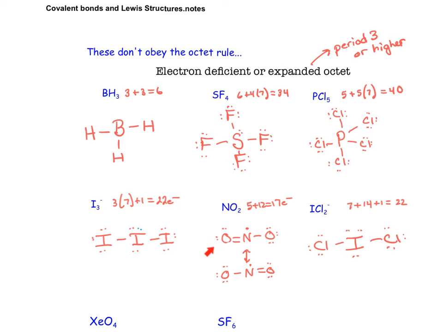Did you catch that there are resonance structures for NO2? Need to draw both of them. And then ICl2 with a -1 charge, 7 and 14 and 1, 22 electrons. Just like I3, there's 3 atoms in a row, 22 electrons, so iodine gets an expanded octet.